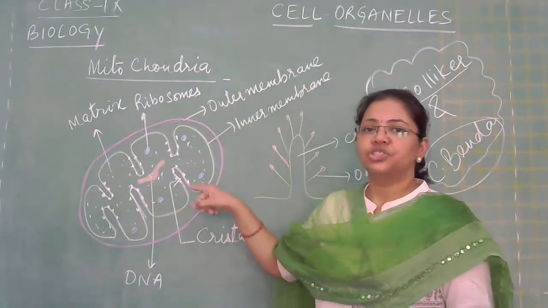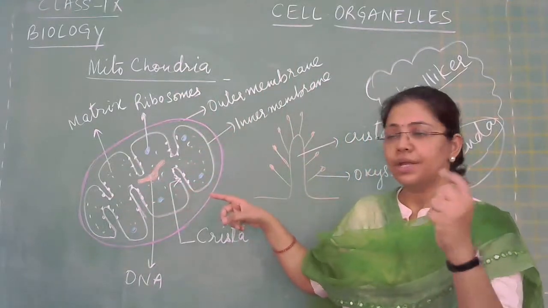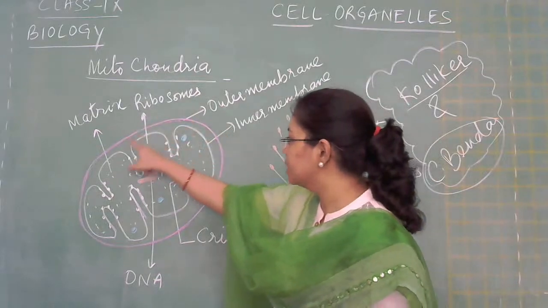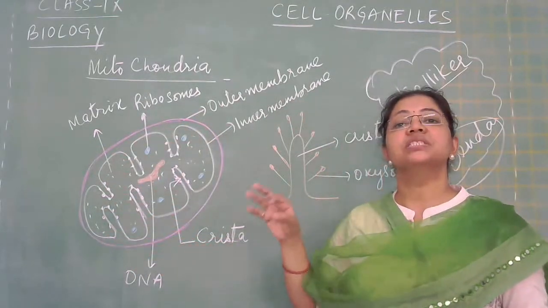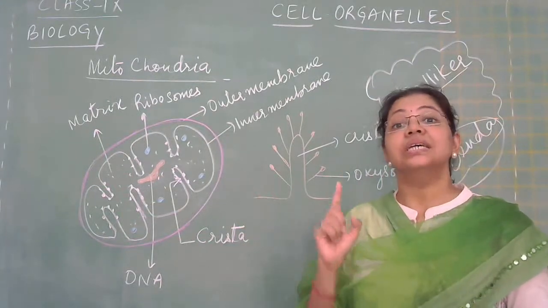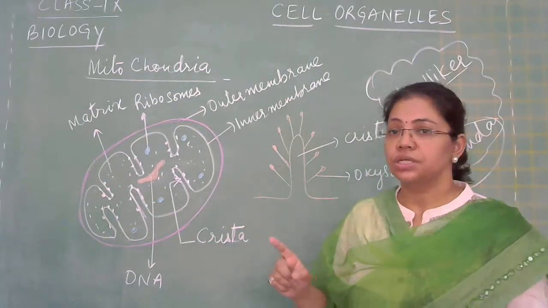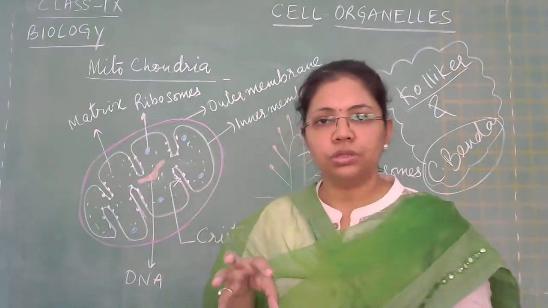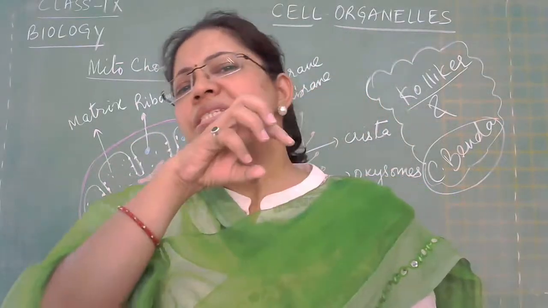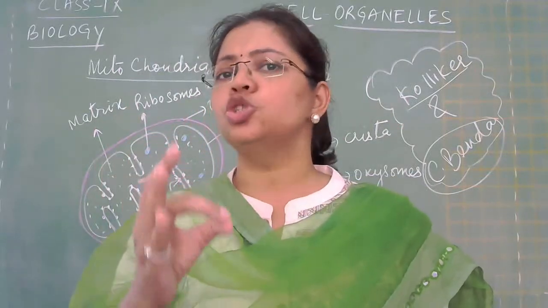Now regarding structure, it has two layers. The outer membrane of mitochondria is smooth, but it is highly porous. Means जो mitochondria की जो outer membrane है that is smooth और उसके सरफेस पर बहुत सारे छोटे छोटे पोर्स होते हैं.